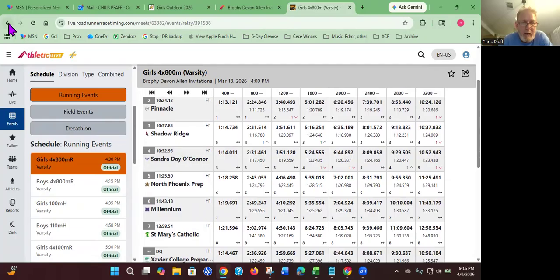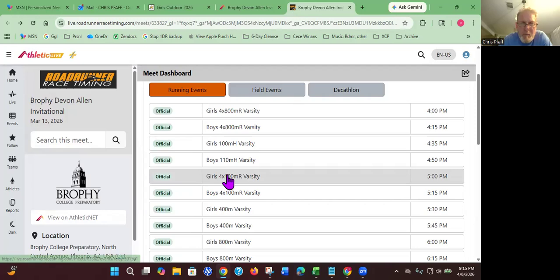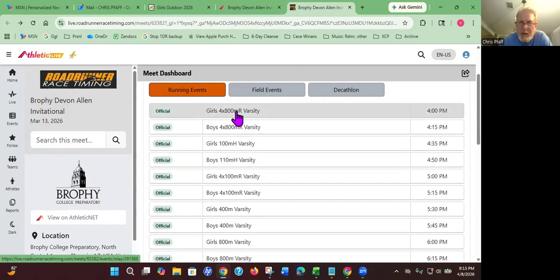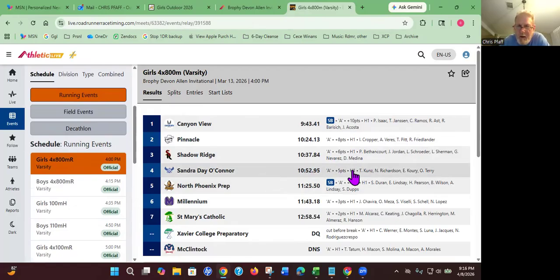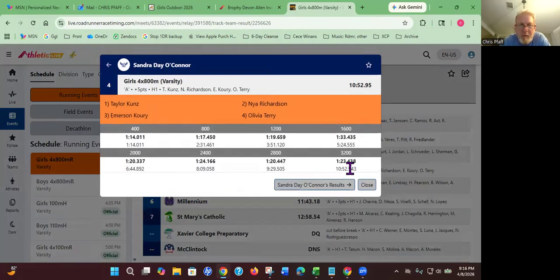So I'm going to go back, click on 4x800 relay, and then click on the list of runners to the right of the time. What this does is give you the list of the runners, which may or may not be the correct order or the correct people. So you always have to verify that with the names the coach gives you.